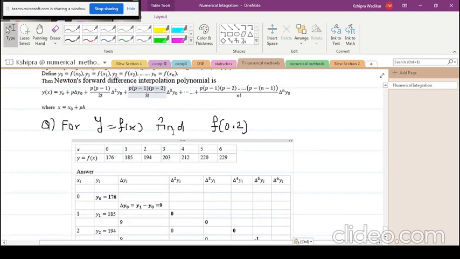The tabular values for x are 0, 1, 2, 3, 4, 5, 6, and y equal to f(x) is given as 176, 185, 194, 203, 212, 220, 229.